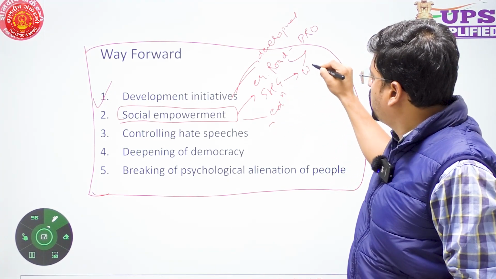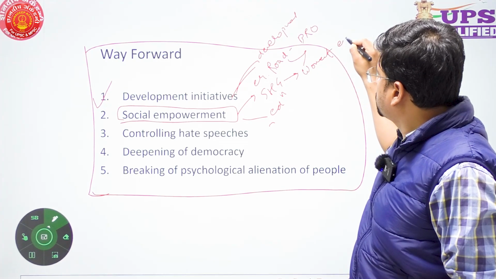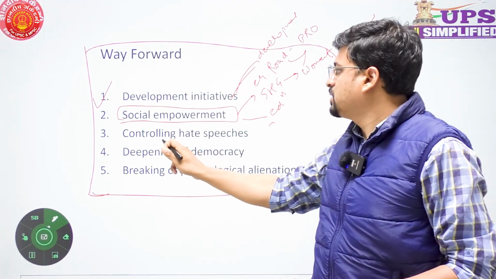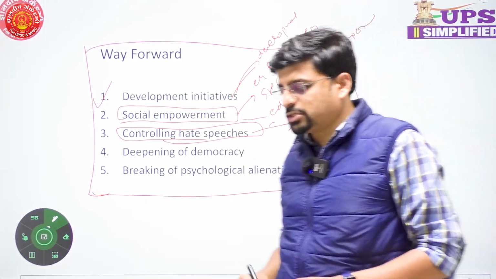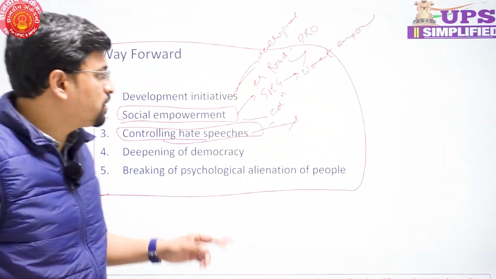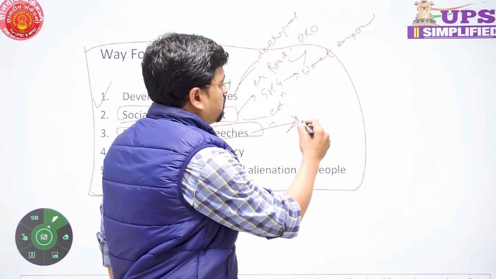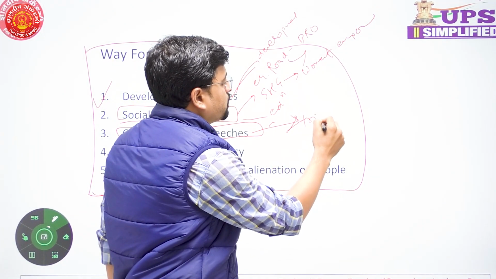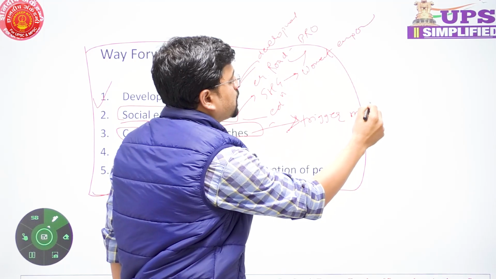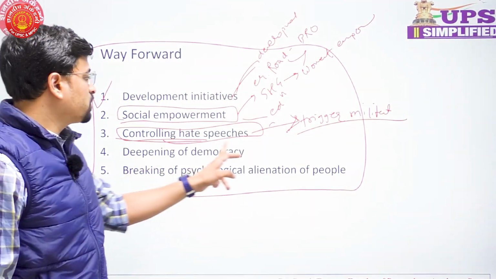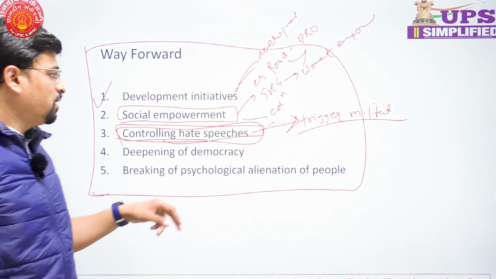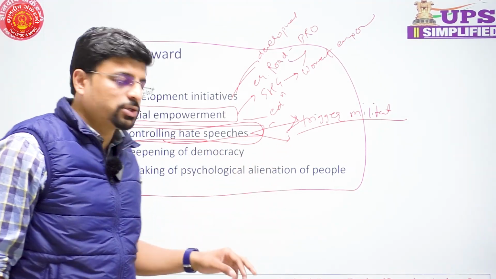SHGs can ensure women's empowerment. Thirdly, controlling hate speech. As we know, hate speech is one of the most important triggers of militant activities, especially in Jammu and Kashmir or the northeastern areas. So we can control hate speech through various law and order initiatives.